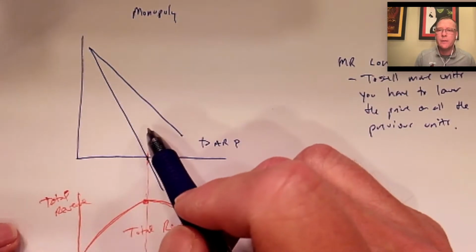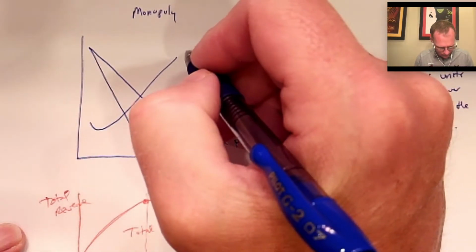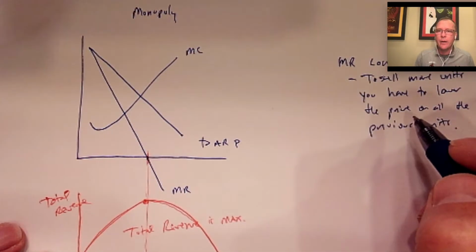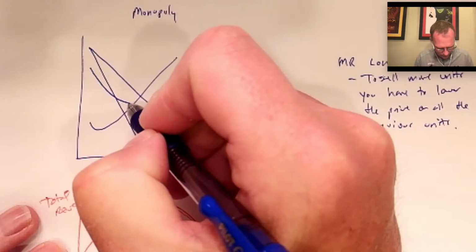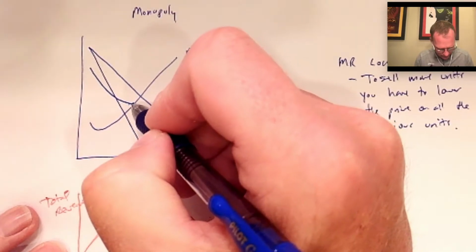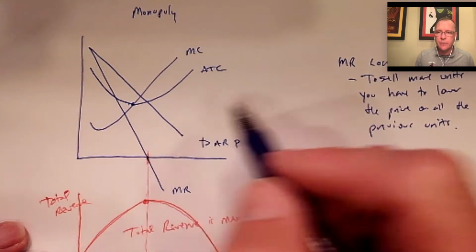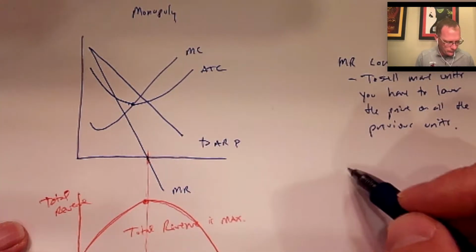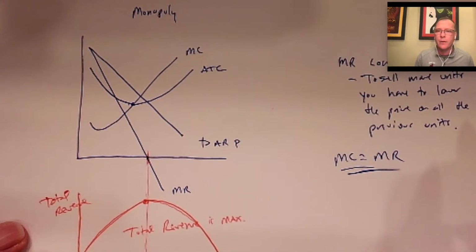We have a couple lines missing up here now, so we have to draw those in. We have a marginal cost curve, just like we would before. And if this is a normal looking monopoly, we would have our average total cost coming in, bottoming out, and coming up. So there's my average total cost. In this case, again, just like before, MC equals MR is going to be our profit maximizing point.